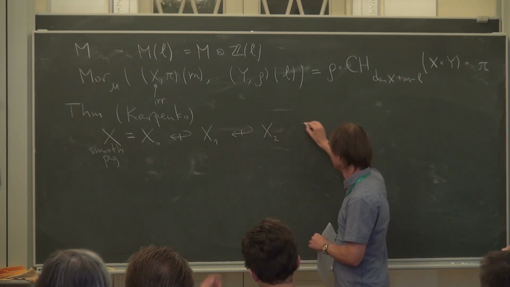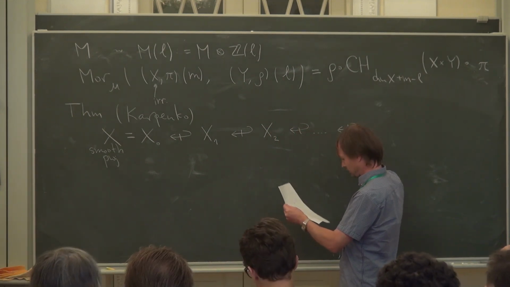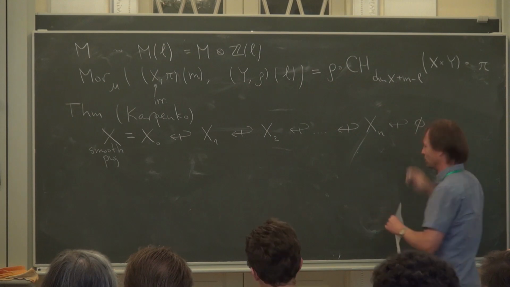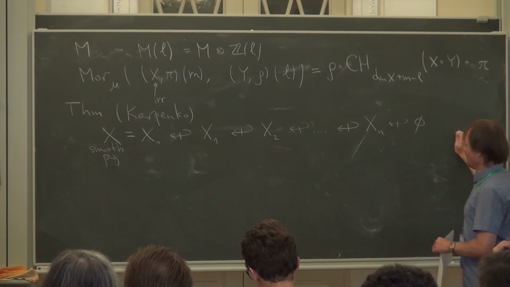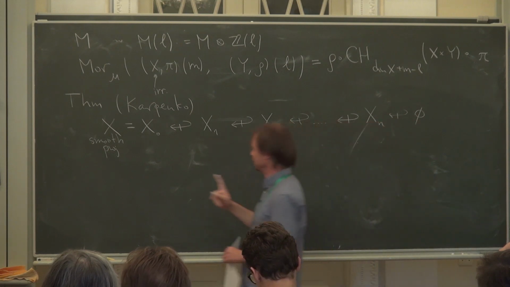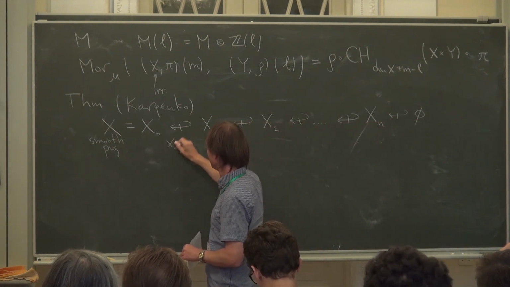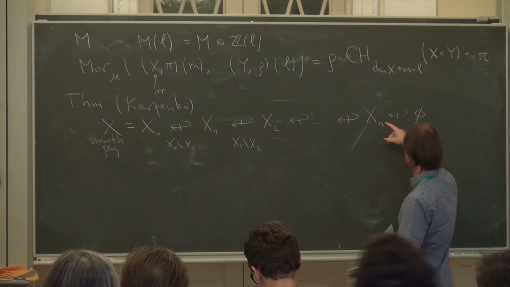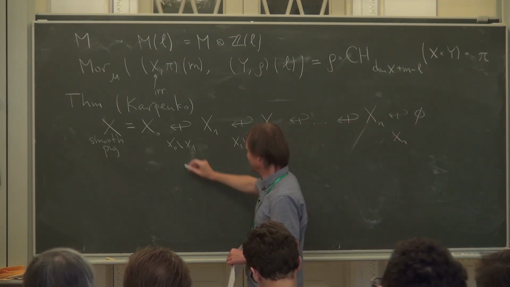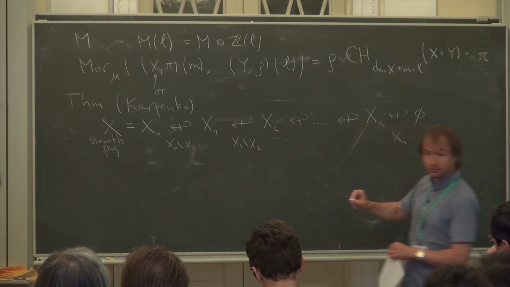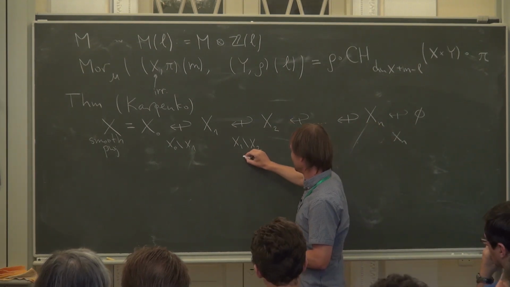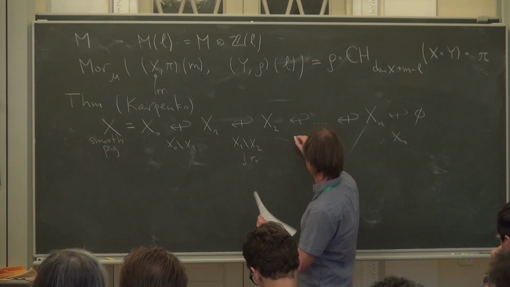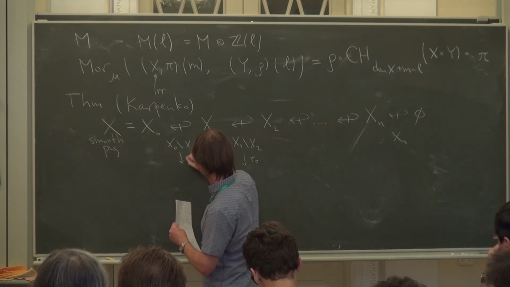So we have a filtration which ends at some point Xn, and then let us also put the empty set here, and assume that the differences X0 minus X1, X1 minus X2, and so on, up to Xn minus the empty set, are affine fibrations of rank R0.